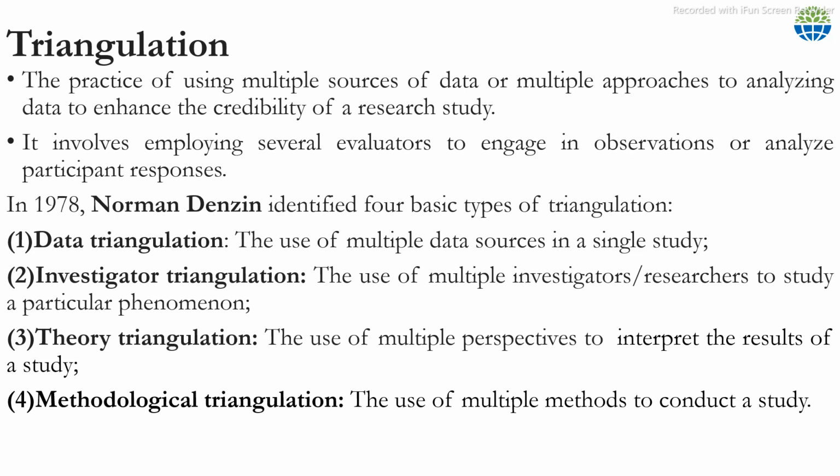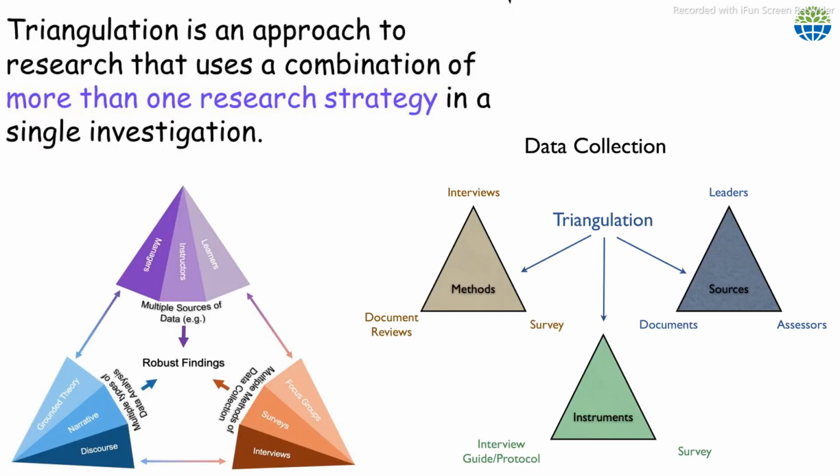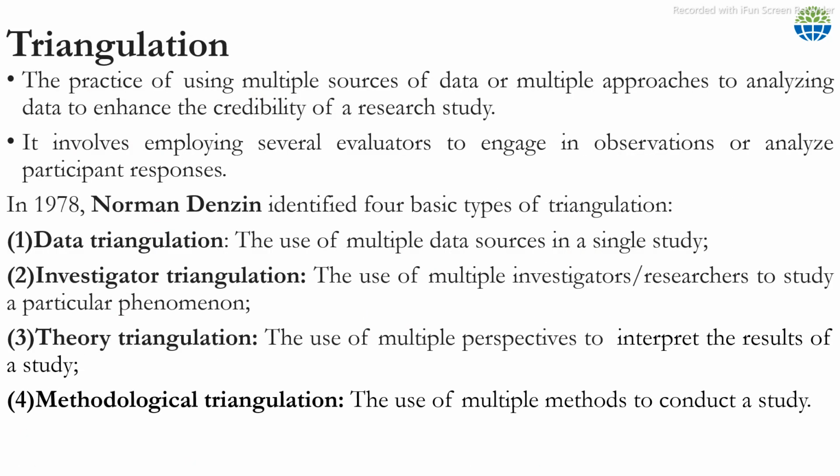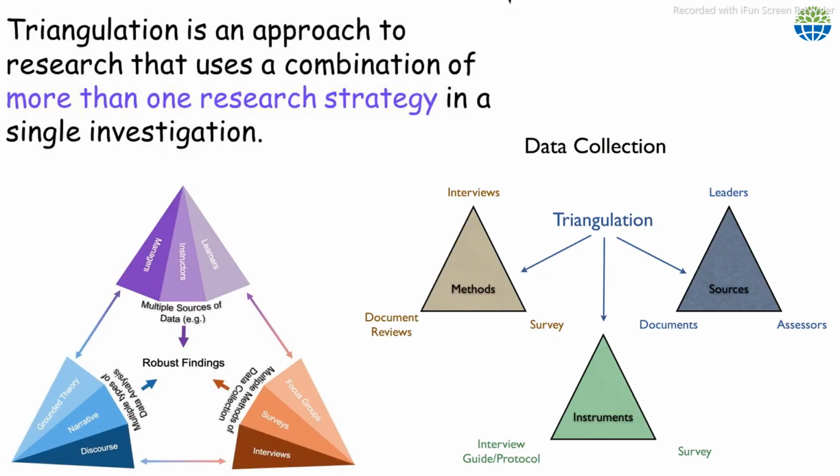This is the use of multiple perspectives to interpret the result of a study, like a tsunami. And the fourth one is methodological triangulation, the use of multiple methods to conduct one study, in the case of your air sampling or something.